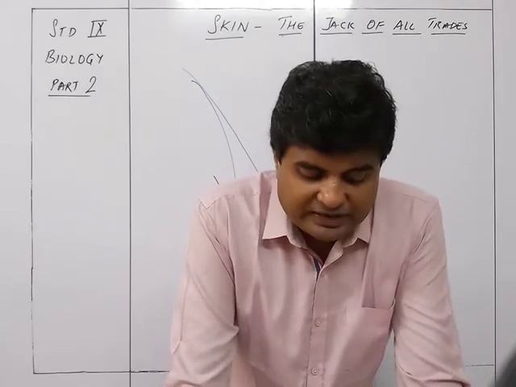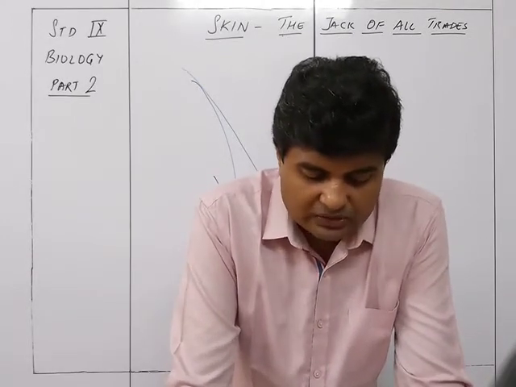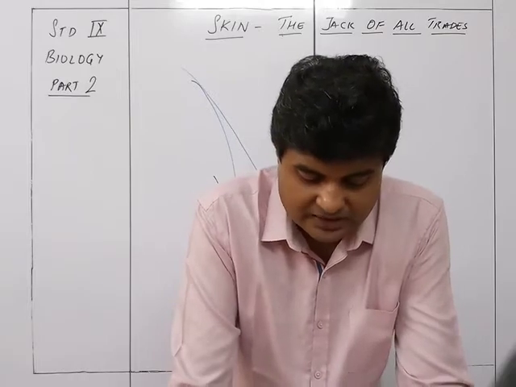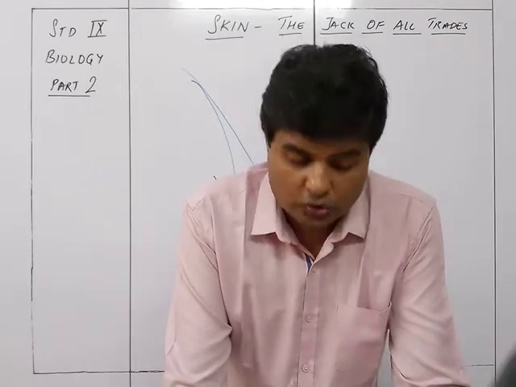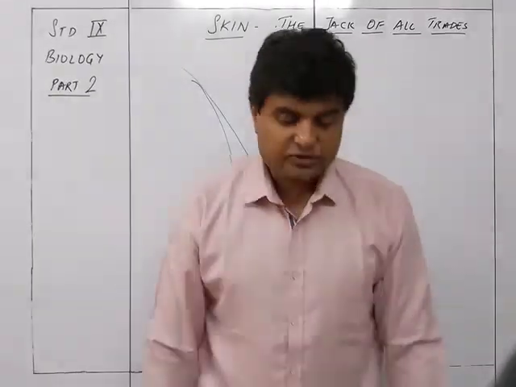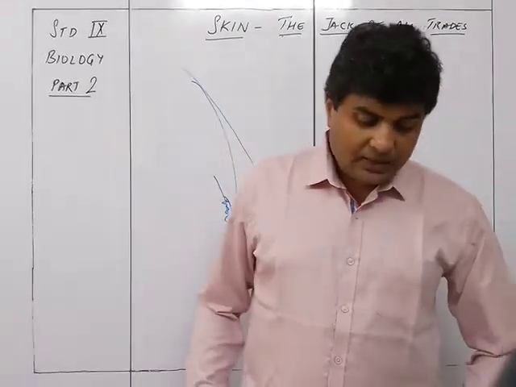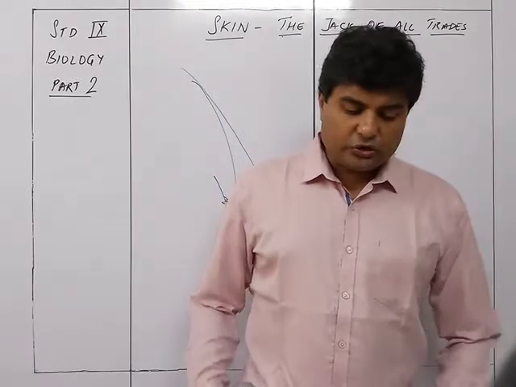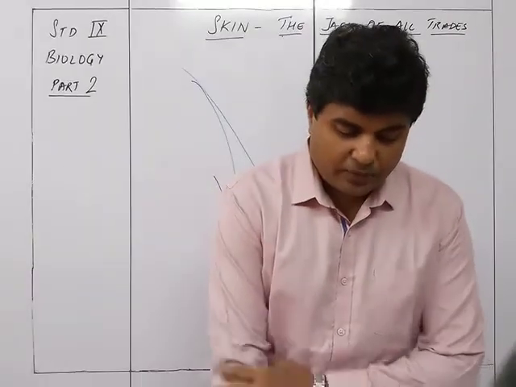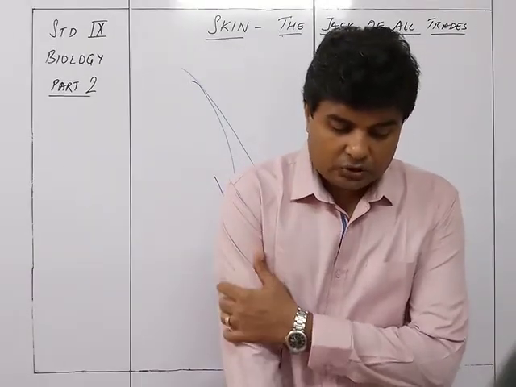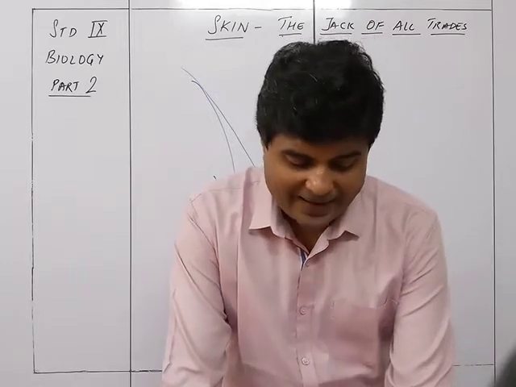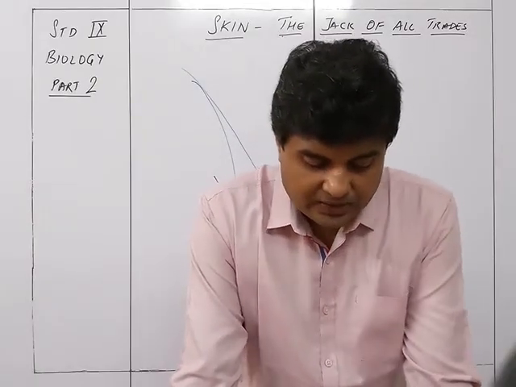It produces new cells which on maturation push out the older cells towards the tip of the nail and cause growth of the nails. The next derivative is the sebaceous glands. These branched glands usually open into the hair follicle, though sometimes they even open directly to the outside.